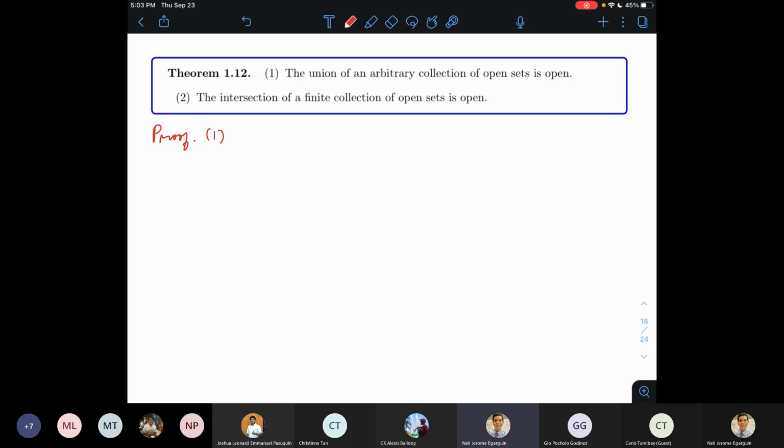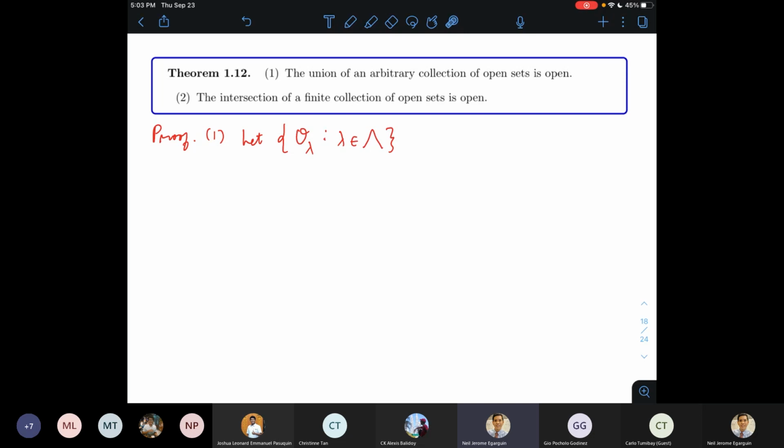Probably here, maybe I can let O sub lambda, gayahin ko yung notation sa notes, such that lambda comes from an indexing set. Okay. Ang indexing set ko ay lambda.